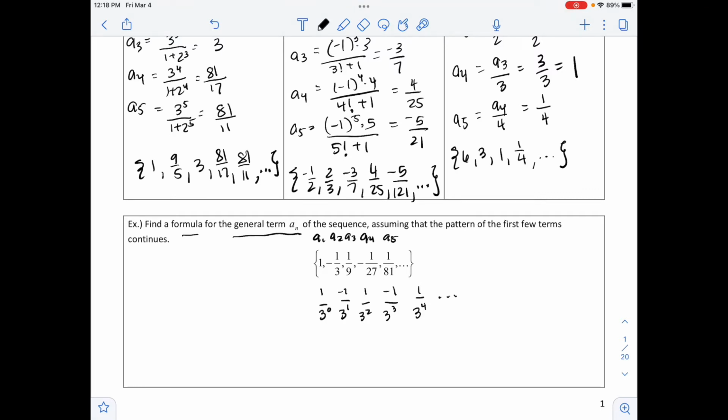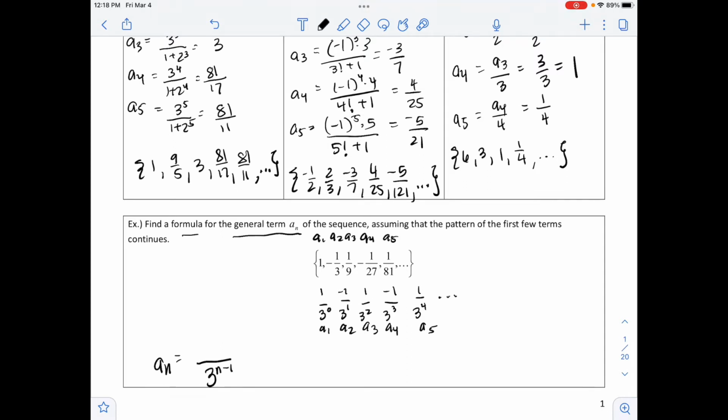And so our general formula that we would have, a sub n, would be equal to, and notice that since this is our a sub 1 term, a sub 2, a sub 3, and so on, that exponent is actually 1 less than what that term is. And so this is going to be 3 to the n minus 1 power.